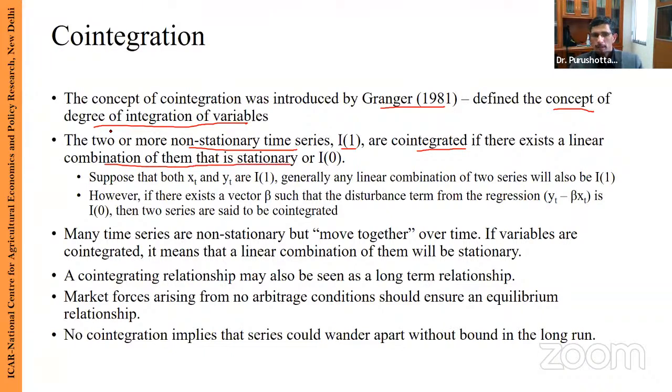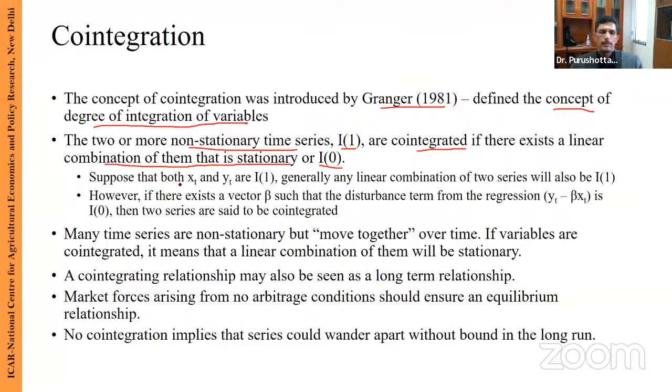So two or more non-stationary time series integrated of order 1 are co-integrated if there is a linear combination of these two time series, which is stationary, or I0. And we will try to test in our example also.